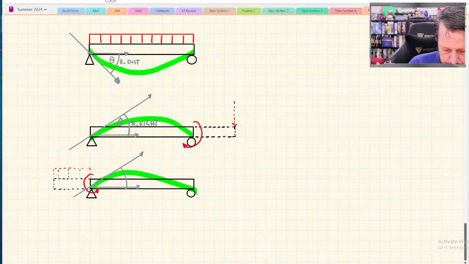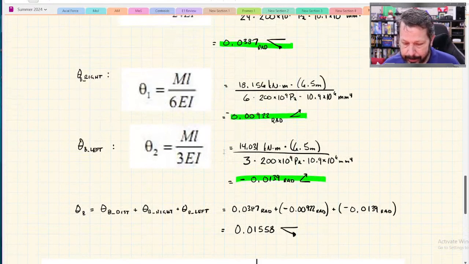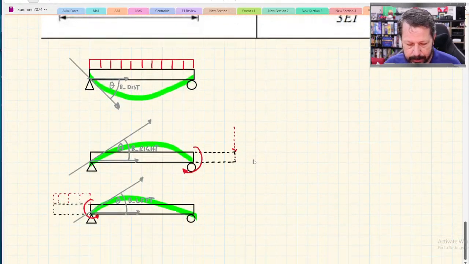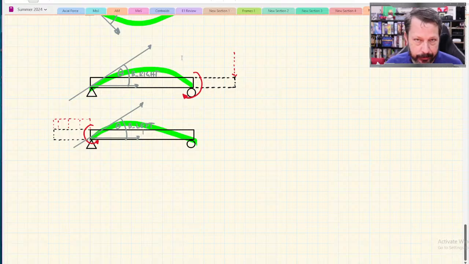I named it theta B left, and since it has that kind of slope, I gave it the same sign as I gave B right. So in mine, again, I gave them both negative signs. They should have been positive because they have positive slopes. They're pointing upwards. But for whatever reason, I was thinking backwards.